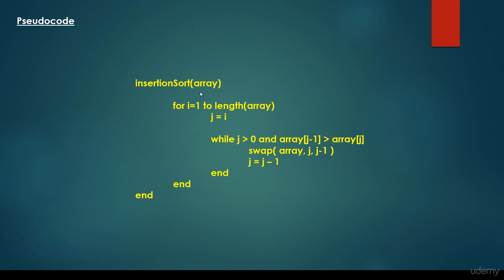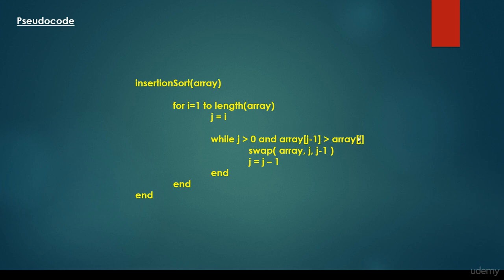We have an insertion sort method with a one-dimensional array of integers, for example. We iterate through the array. We initialize the j index to be equal to i, and while the j index is greater than 0 and array[j-1] is greater than array[j], what does it mean?